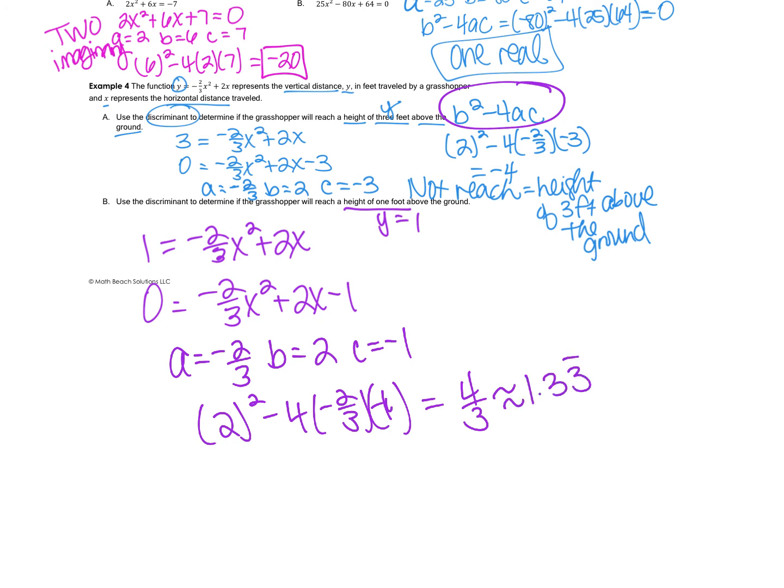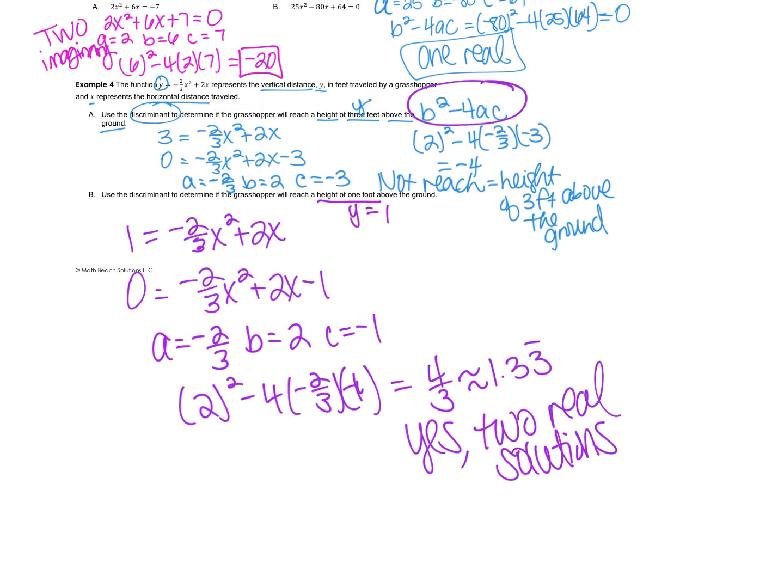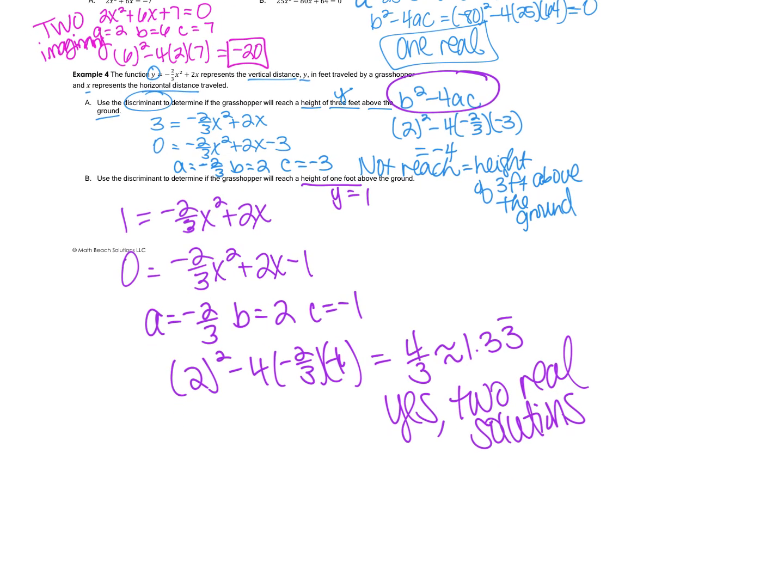So since you end up getting a positive, this is possible. You're going to get 2 different solutions here. So since it's positive, yes, 2 real solutions. So it does reach 1 foot above the ground.